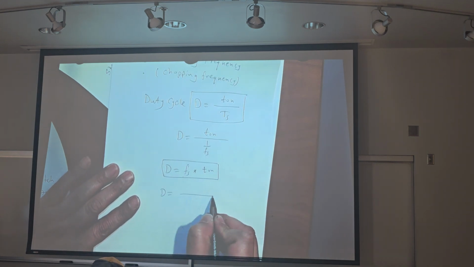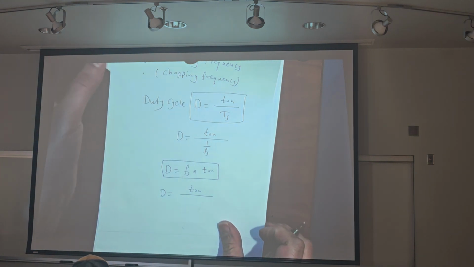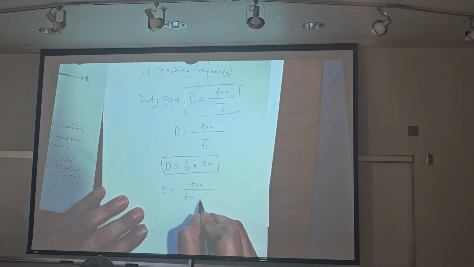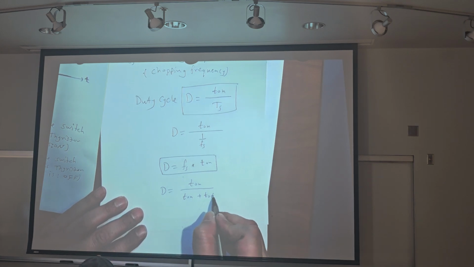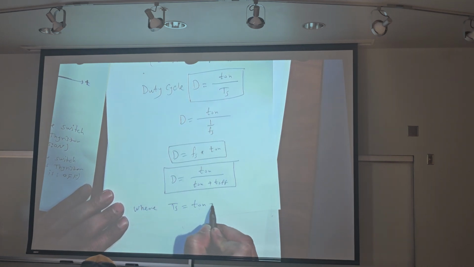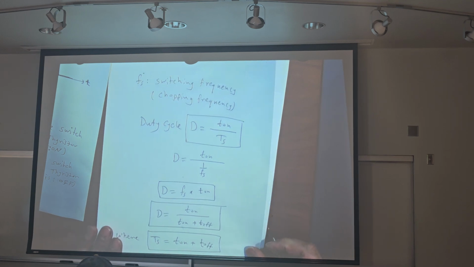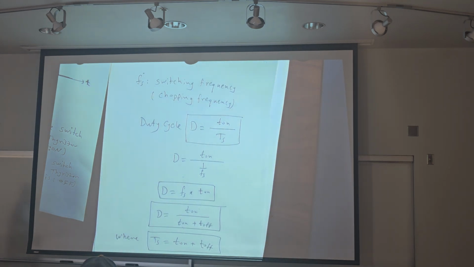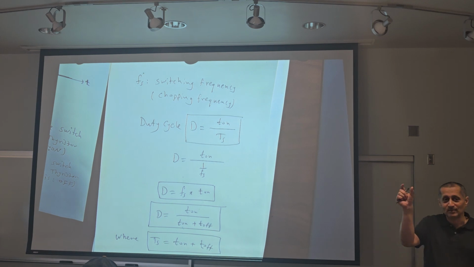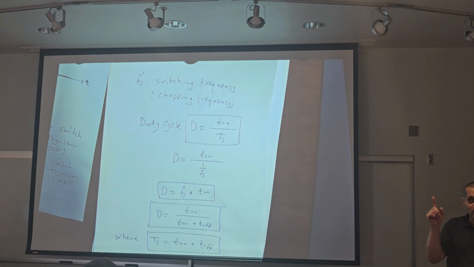Also, TS equals T on plus T off. So the duty cycle is the percent or per unit ratio between T on and TS, the on period to the whole period.